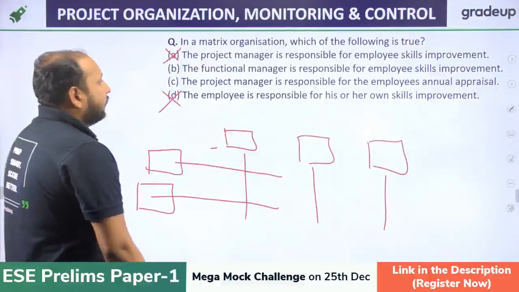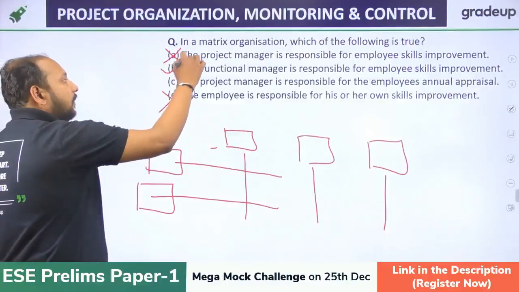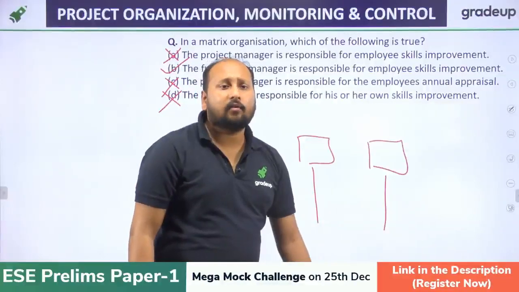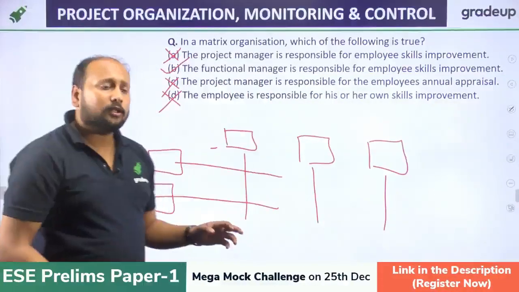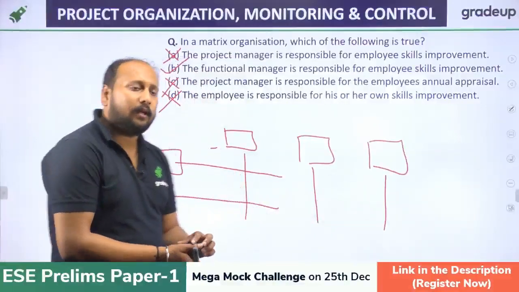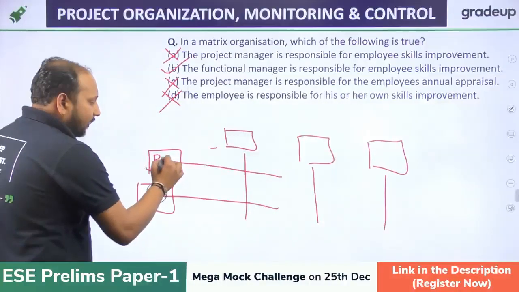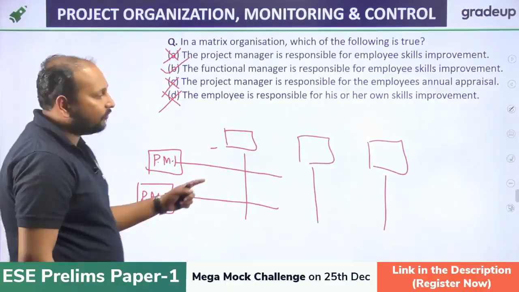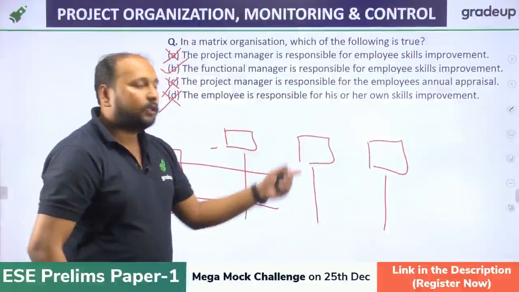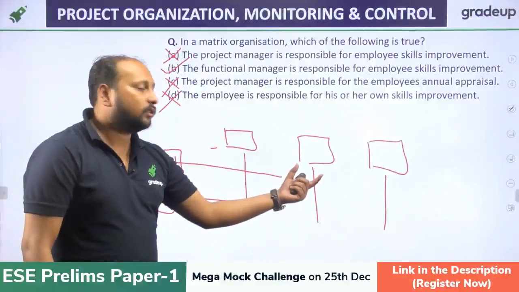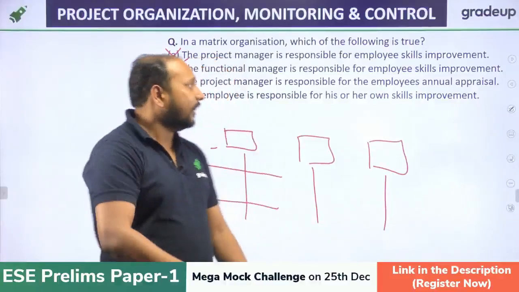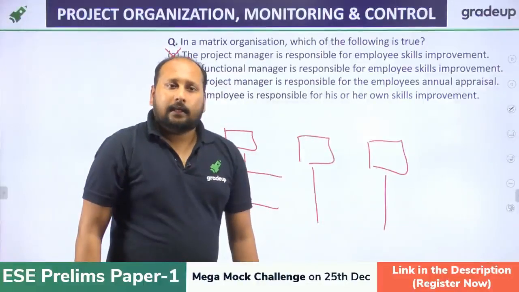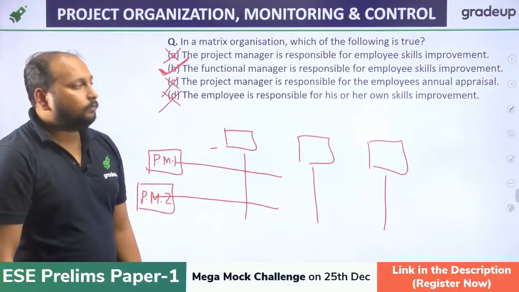So the correct answer is B, not C, because in this type of organization, project managers are not responsible for annual appraisal, because they are only responsible for the functional ability. Just remember, here was project manager 1, project manager 2. So these were responsible for the functional ability in combination with the civil manager, erection manager, structural manager, and mechanical manager. So the correct and most appropriate answer is option B. Clear? So option B is the most appropriate answer.